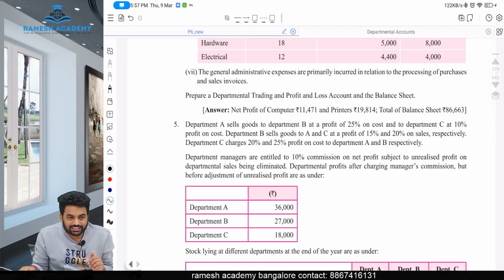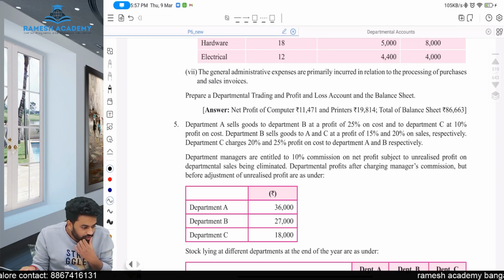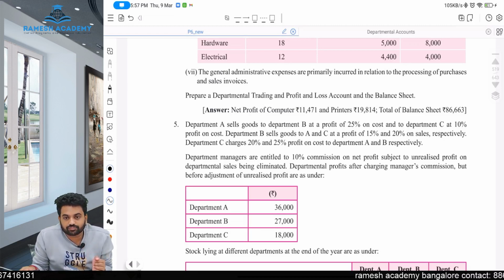Now it's almost 6. We will take a break till 6:15 or 6:20. Later we will start with a new chapter. Actually there are two chapters. One is insurance related, one more is hire purchase related. Tell me which I should start. Whether you want me to start with hire purchase or with insurance.